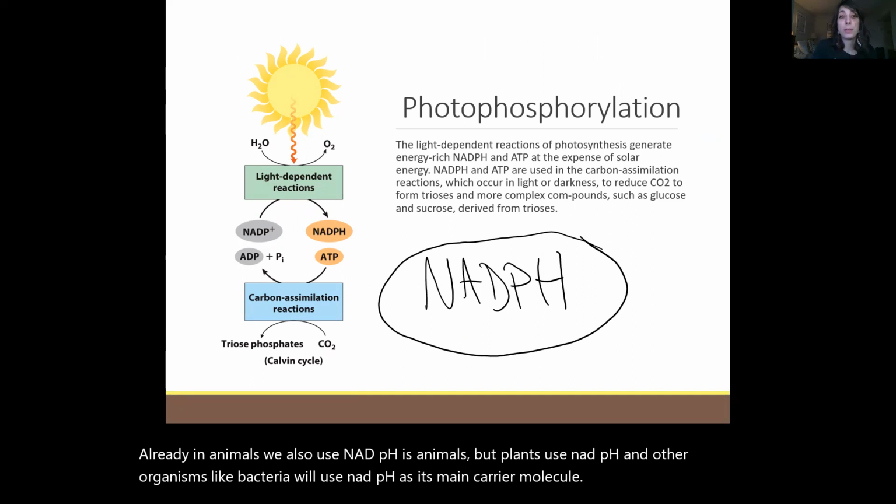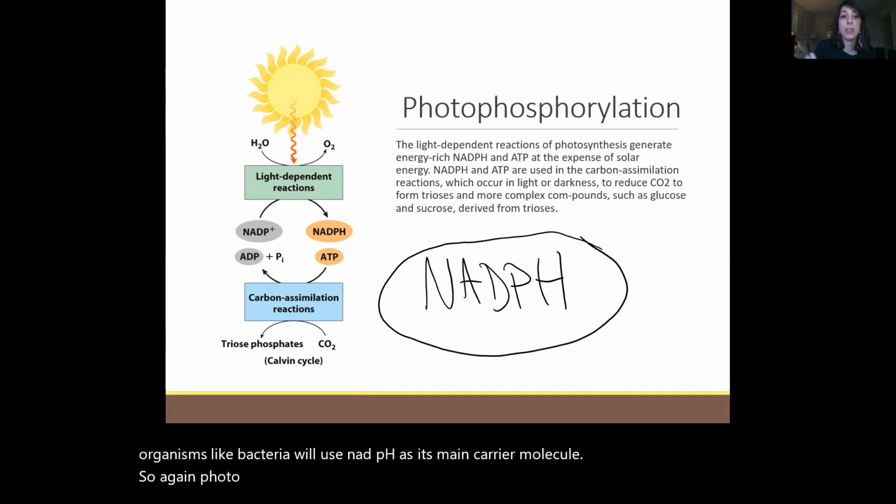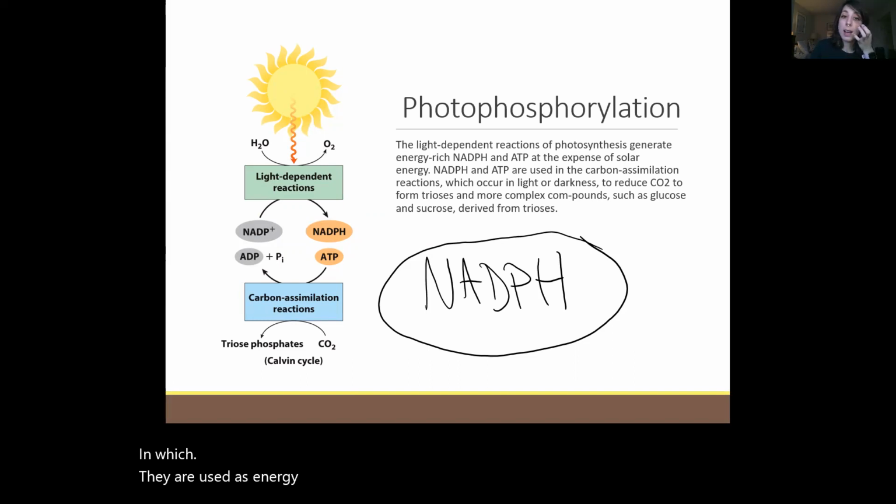So again, photophosphorylation generates NADPH and it generates ATP. And these are then used for a separate pathway in which they are used as energy to make structures and make sugars. So these are complex compounds like glucose and sucrose.